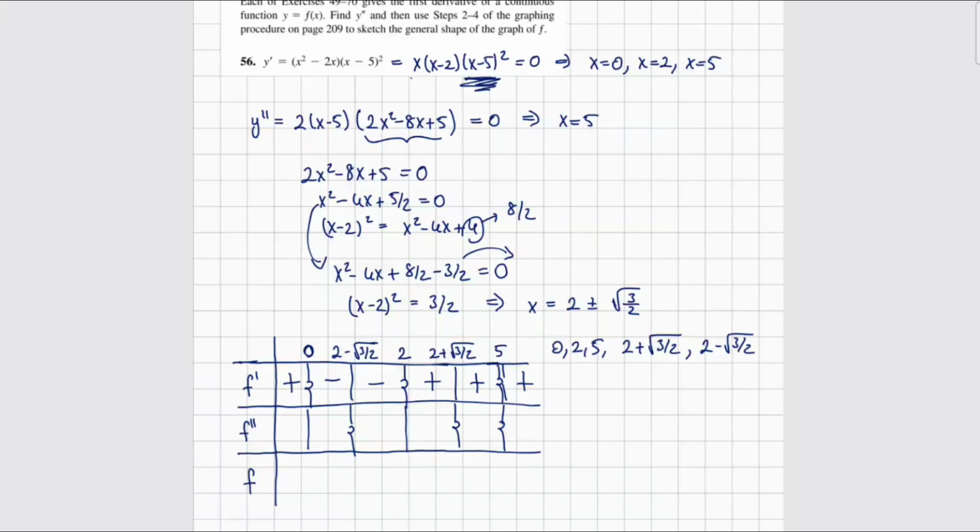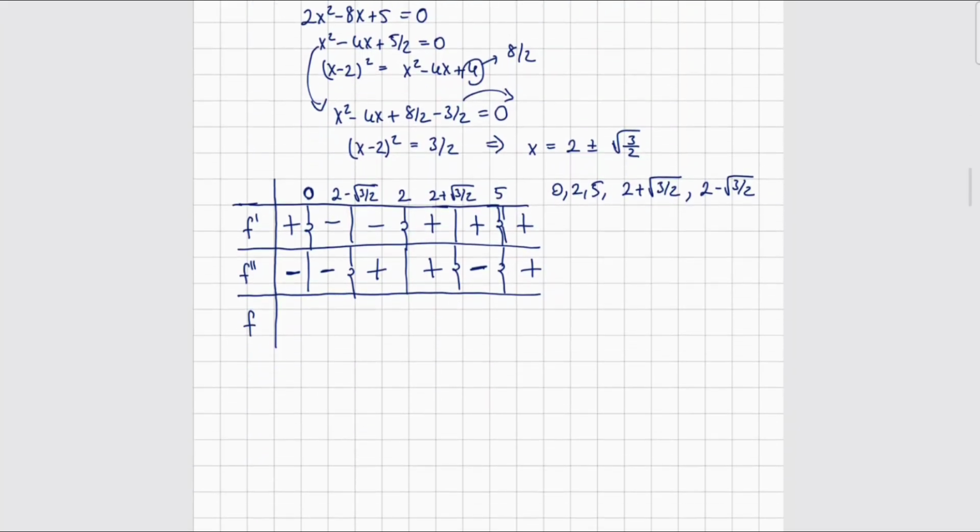So it starts with negative, then positive, then negative, and positive. With our table complete, we can see exactly how our original function f behaves by combining the increasing and decreasing trends from our first derivative with the concavity from the second derivative. Let's draw.